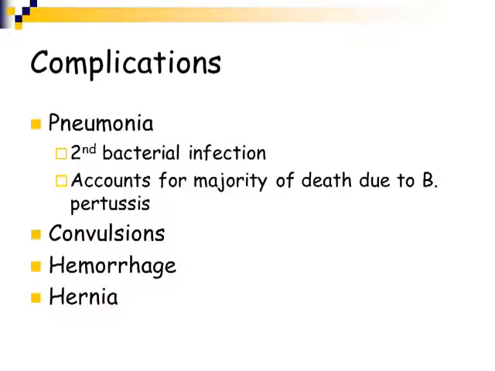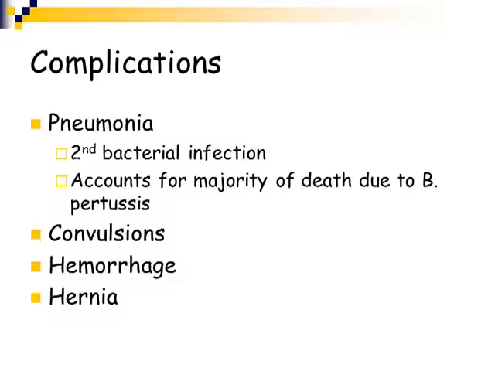Now, of course, an infection, especially one that lasts this long, can lead to complications. So you can get pneumonia, and this is usually a secondary bacterial infection. So you have Bordetella pertussis, you're getting all this damage, this cough, exudate buildup in the lungs, and other bacteria will come in and infect the lung and cause pneumonia.